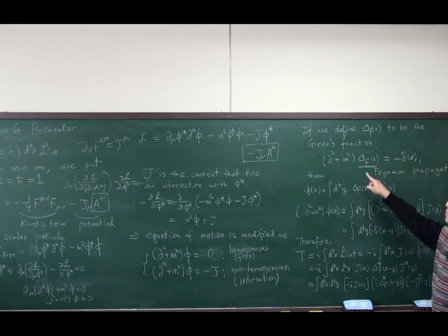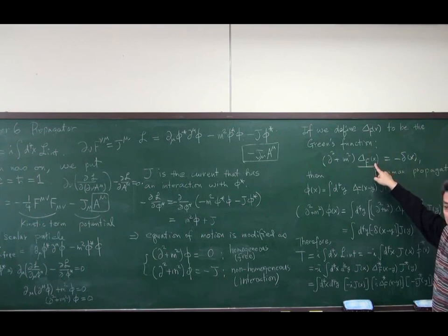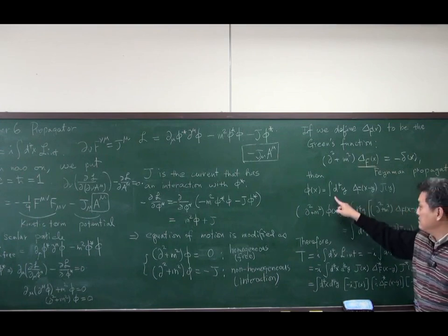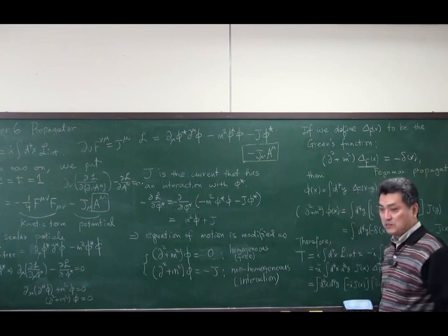So we make use of this fact. This is delta of x minus y, with a minus sign. If I integrate over y, all four variables, the 0, 1, 2, 3 components, are replaced with x, so that the right hand side is minus j(x). So we have shown that this is the solution for this non-homogeneous equation.